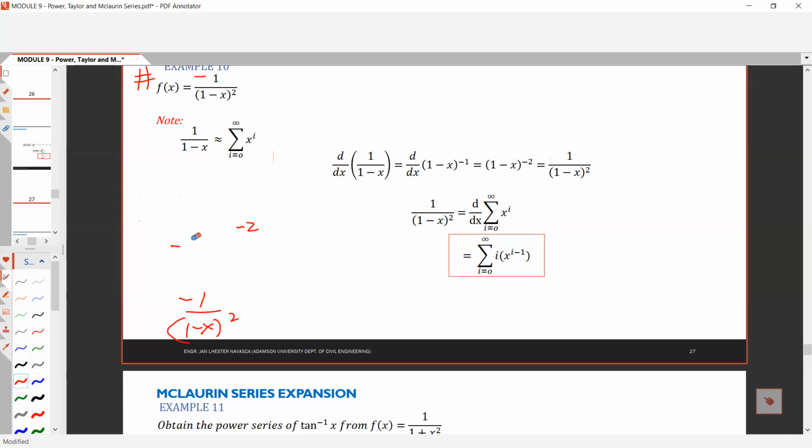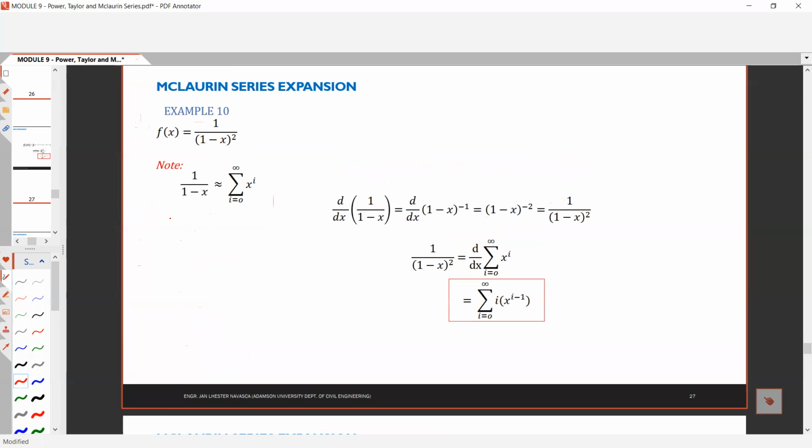Sorry. So, hindi pala siya typographical error. Okay? Kasi ang derivative ng 1 minus x raised to negative 1 is negative 1, so derivative is negative 1. Then, 1 minus x raised to negative 2.